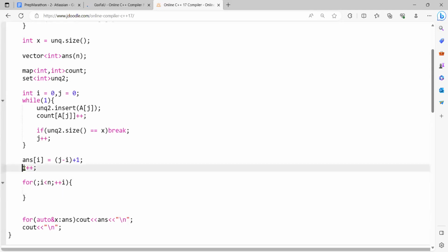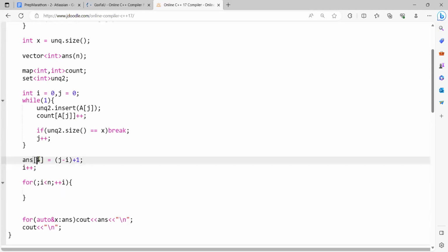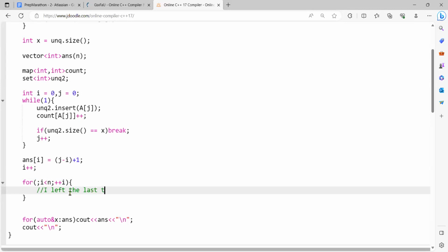Since I'm moving to the next index, because for the current index I have already found how many students I need. Now for this, what is the number of students that I need? Before that, I left the last talent, so I lost the last talent.